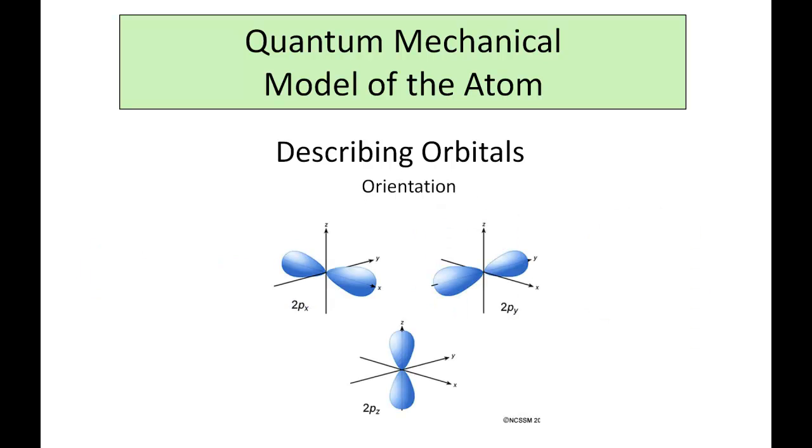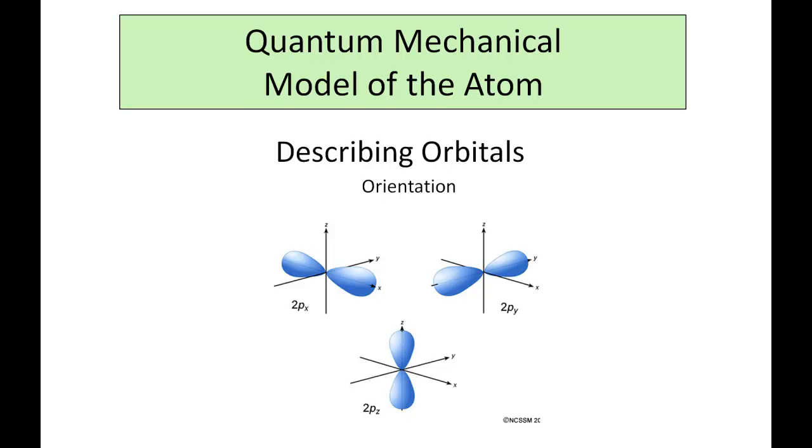The third way to describe orbitals is orientation. And what you see here is I've got 3 different orbitals on the 2p sublevel. So the 2p sublevel represents 3 different orbitals based on their orientation. So you could have electrons traveling in the path on the x-axis, like in the top left there. You could have them traveling on the y-axis, like on the top right.